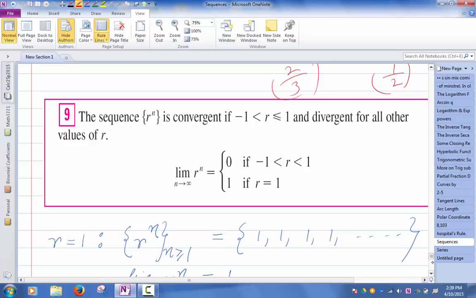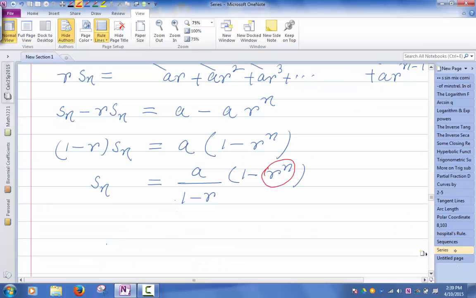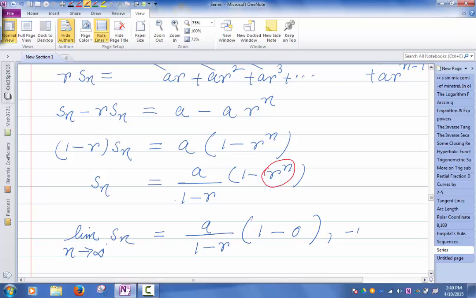Not only that, we also know the limit. The limit of r to the n is 0 when r is between -1 and 1. So we're going to use that today to say that now I can say that the limit of Sn as n goes to infinity is a divided by 1 minus r times 1 minus 0, as long as r is between -1 and 1, right?